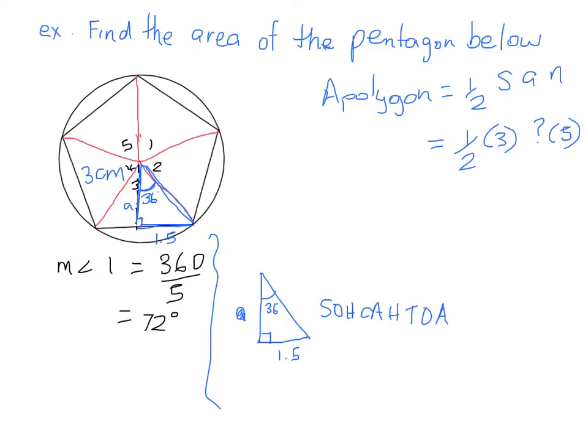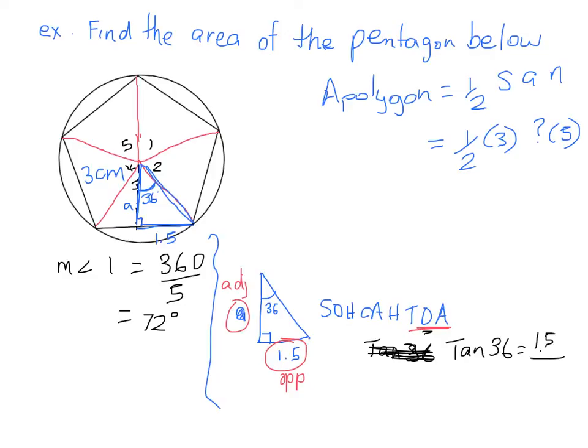All right, so as it turns out, we have the opposite, and we want to find the adjacent, which means that we're using Toa. So tan of the angle 36 is equal to opposite, which is 1.5, over adjacent, which we don't know.